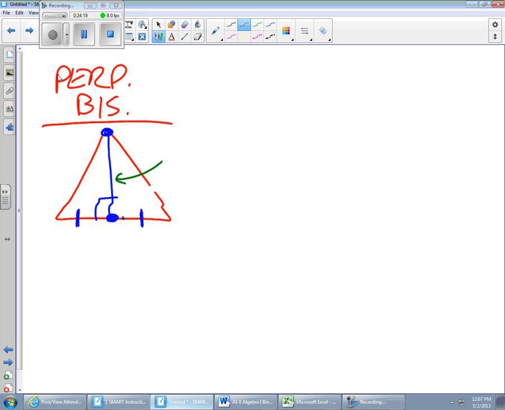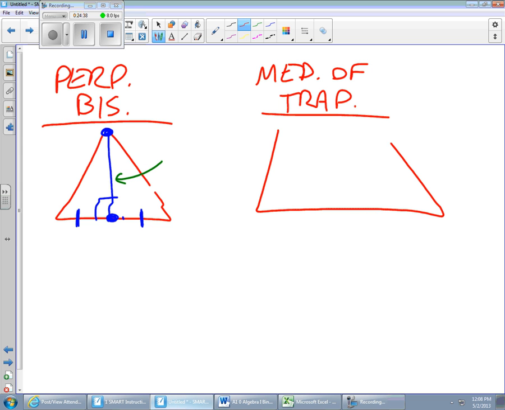We have another term that says median of a trapezoid. Okay, this is actually fairly easily confused with one of the other terms. In fact, they are often used interchangeably. But a trapezoid, as we should well know, its defining characteristic is it has exactly one set of opposite sides parallel.